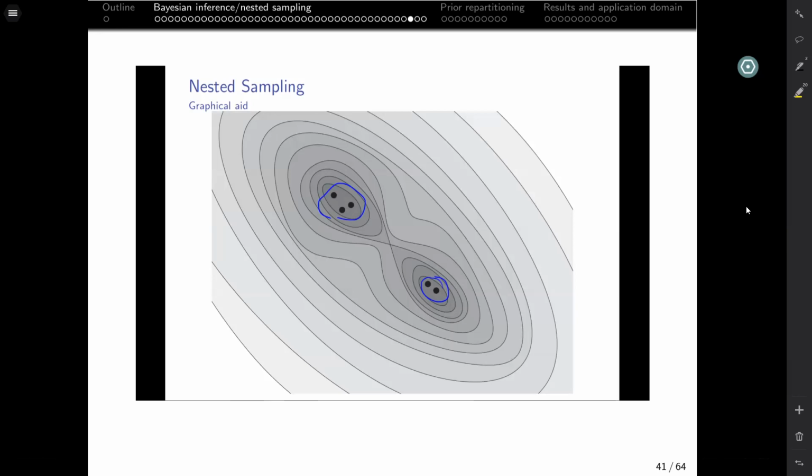So note that although this width is quite big here, in practice it might be a very tiny strip, a very tiny one. And we might repeat this process for thousands or 10,000 times. So we're actually cutting the prior space into very tiny strips, a lot of them.